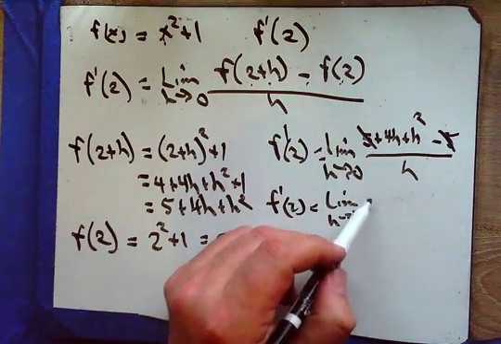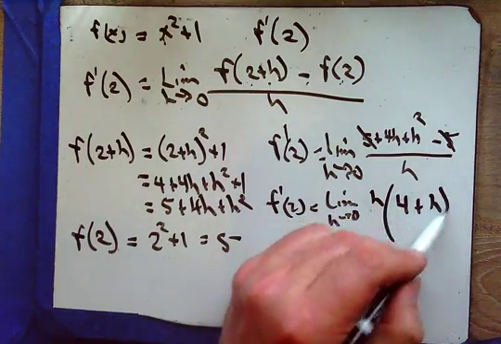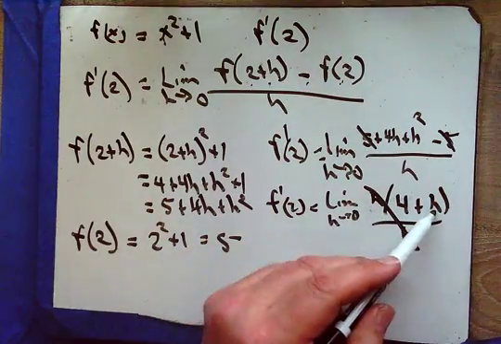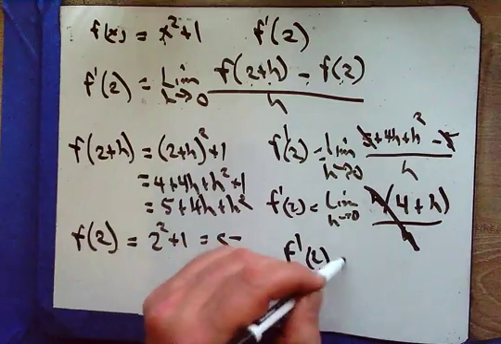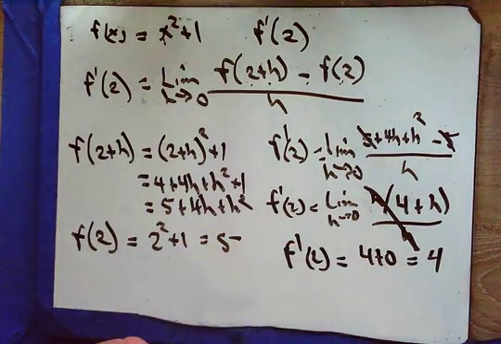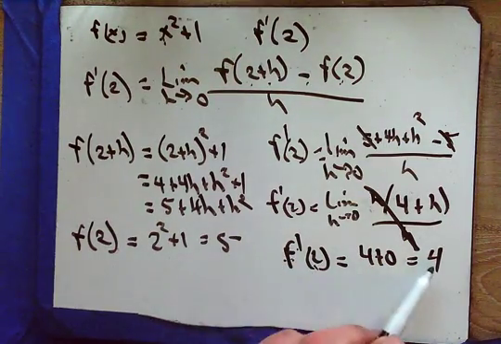So, oh, and I can take out an h. 4 plus h all over h. These can cancel. Now I can do direct substitution. And when I do, I get f prime of 2 equals 4 plus 0, or 4. So the slope on f at 2 is 4.